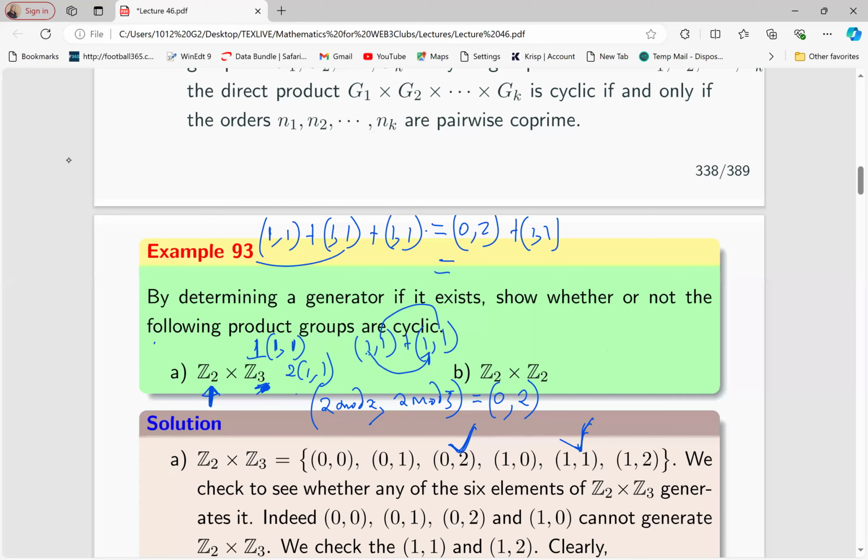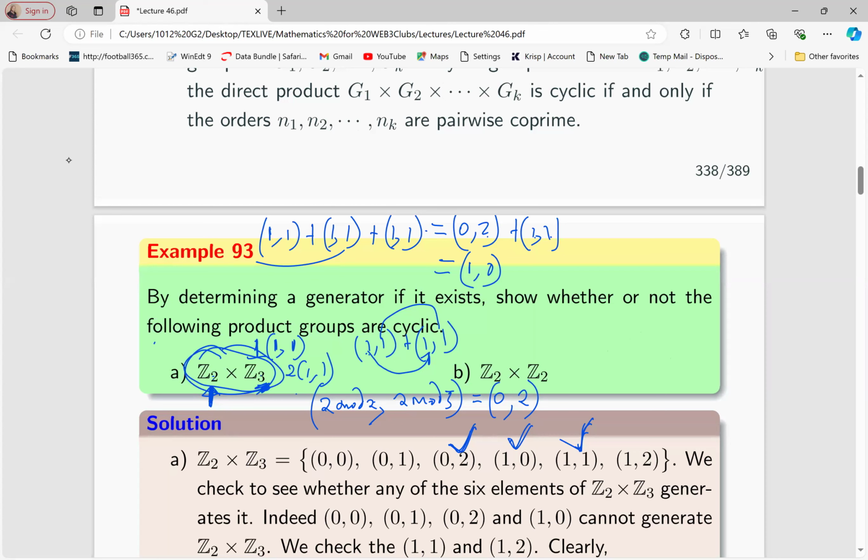So 0 plus 1 would be 1 mod 2, and 2 plus 1 gives us 0 mod 3. We generated this element. That was 3 times. Of course, we are going to do it 6 times because the order of this group is 6. 2 times 3 is 6. So we are going to do it 6 times, and we must have generated all the elements on the 6th time.